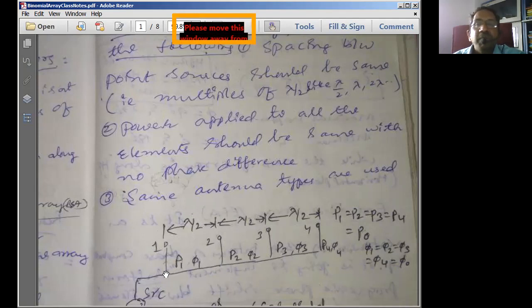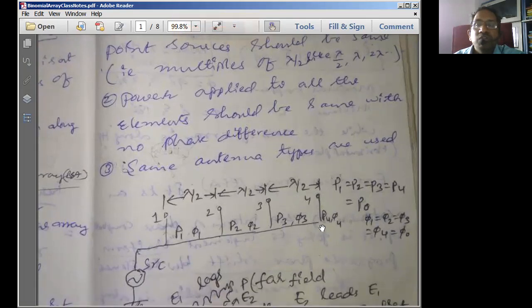The next one is the power applied to all these elements. Each antenna in this array is called an antenna element, or an element. The power applied to all these elements, say P1, P2, P3, P4, should compulsorily be the same in the case of the broadside array, with no phase difference.